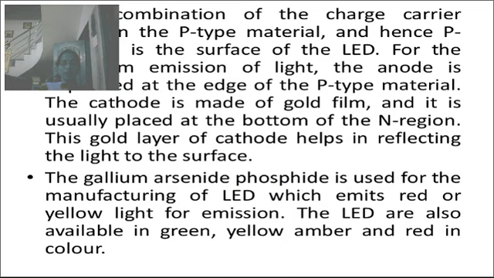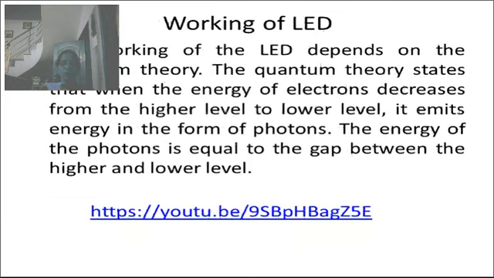So how does the LED work? When the LED is forward biased, the electrons and holes move towards the junction and recombination takes place.